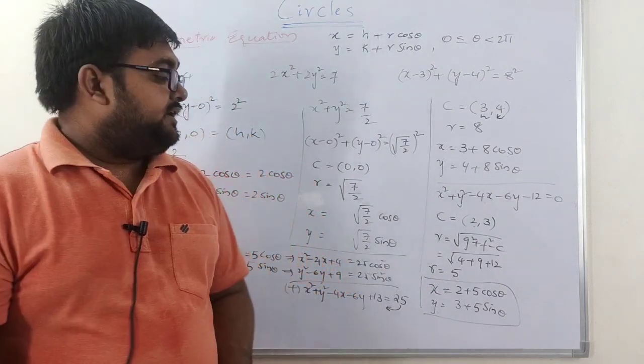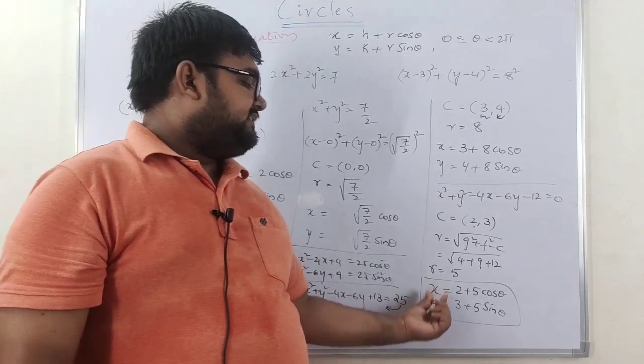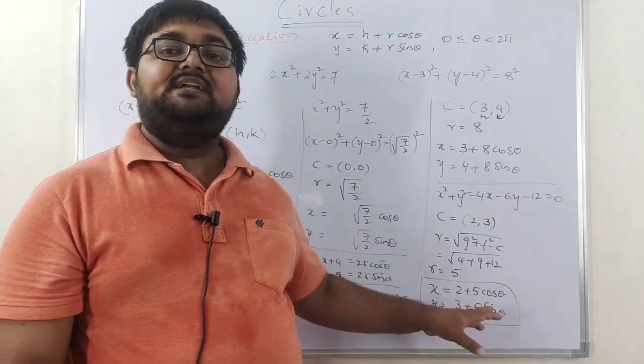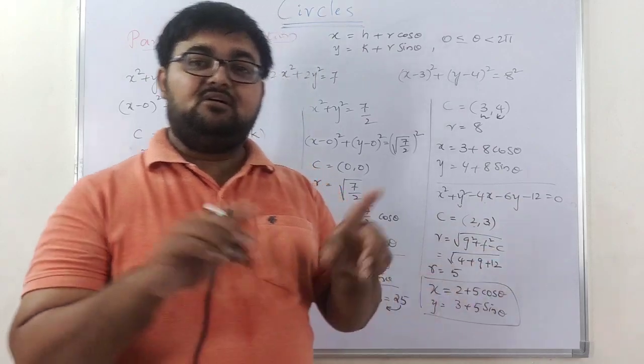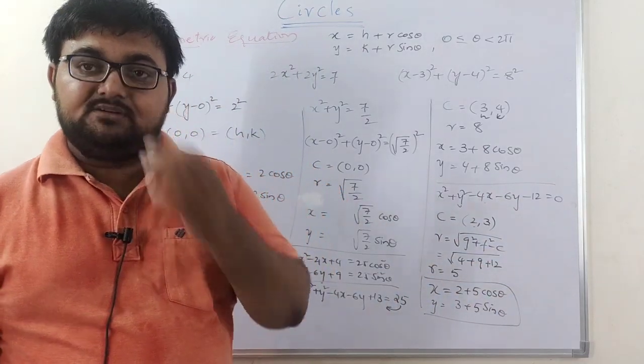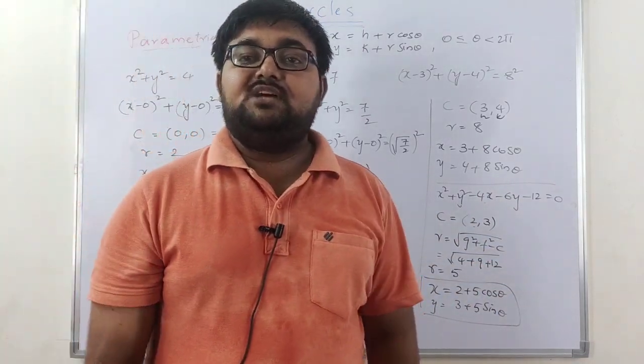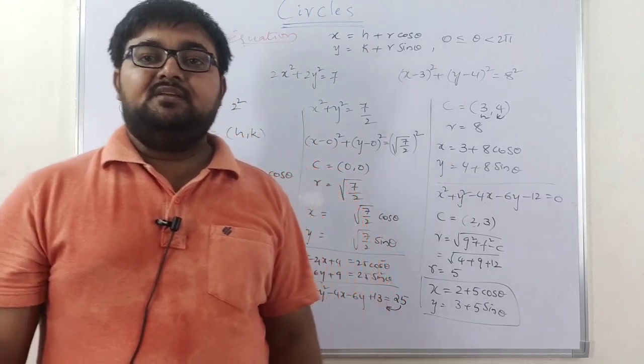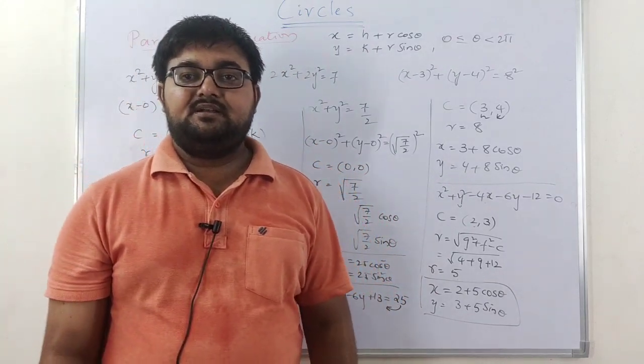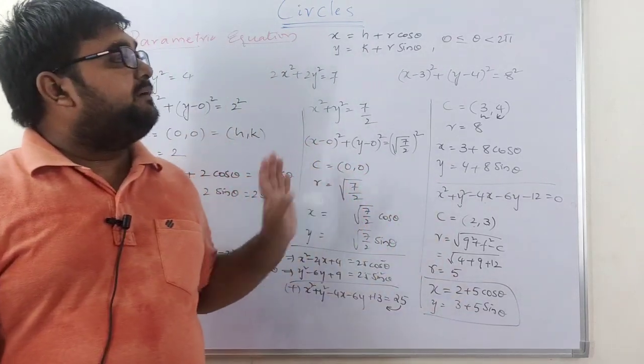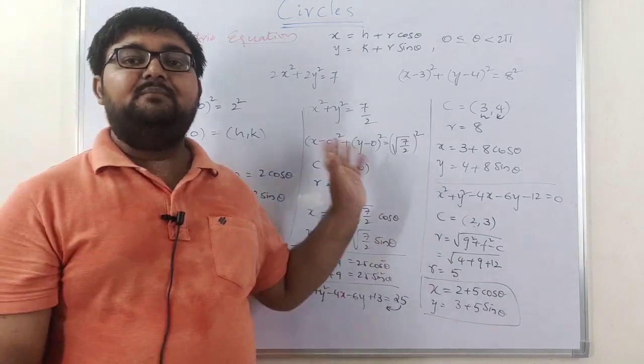Here x and y represent the points that are present on the circle. If they are present on the circle, they satisfy the given circle equation, right? So this is about the parametric form or parametric equation.